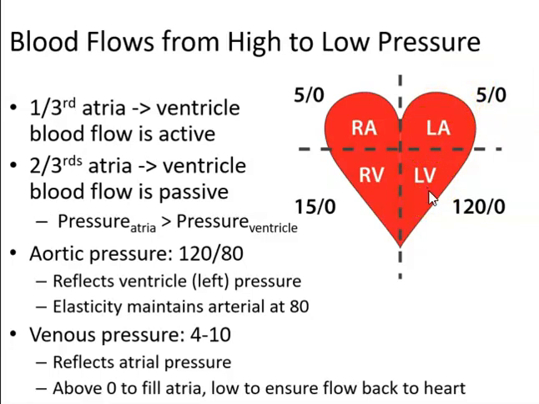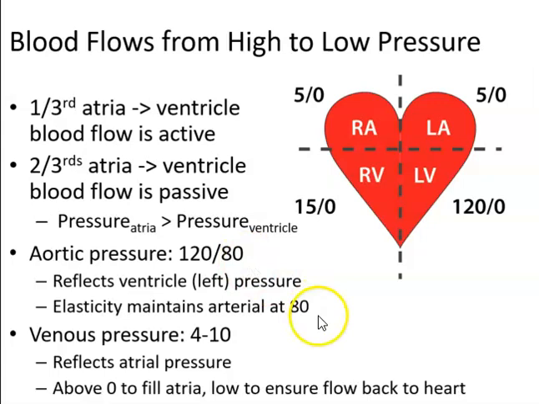And then once the left ventricle undergoes the systolic portion of its cycle, it will push blood into the aorta, and the filling pressure of the aorta is 80, which is of course less than 120. So again, this pressure difference allows blood to flow from the left ventricle into the aorta.